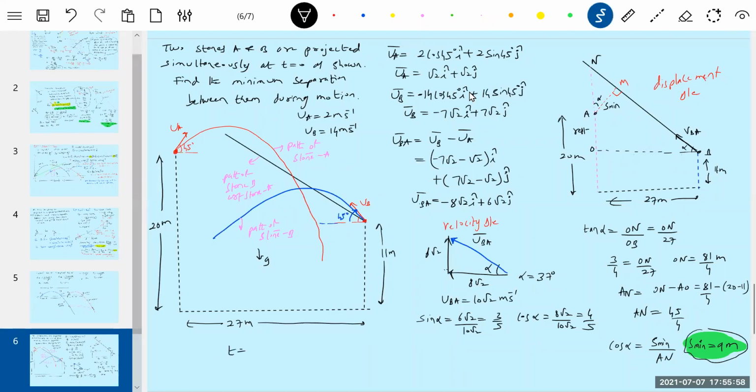The time taken means t equals 0, it will be here. After some time t, it will be available here. So what is the time? The time should be equal to the distance BM by VBA. VBA or UBA, both are same. But again, we don't know BM.